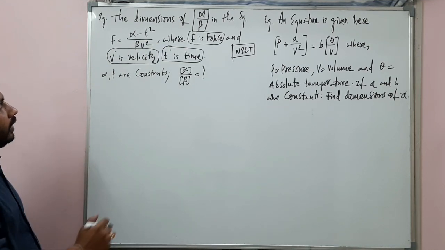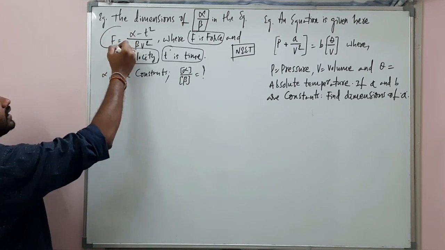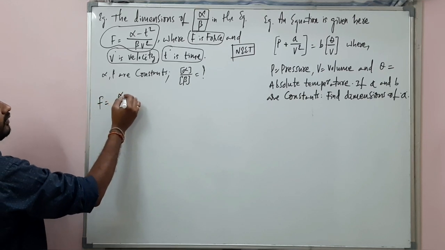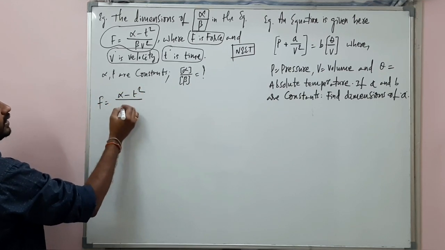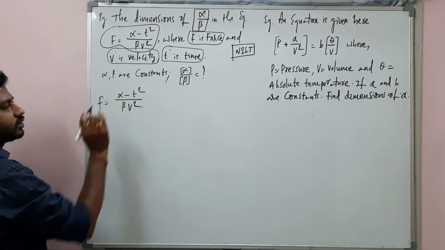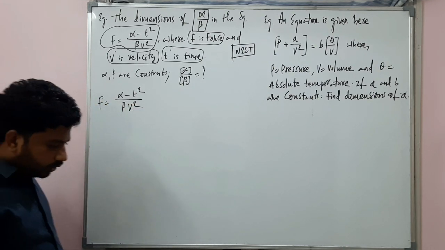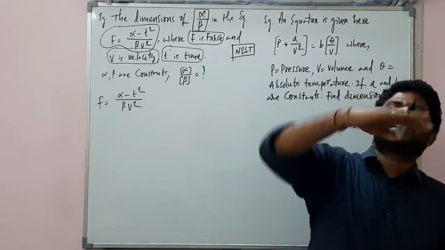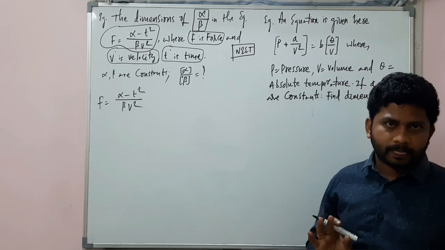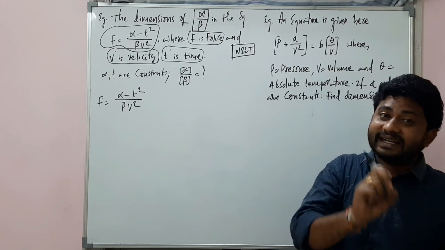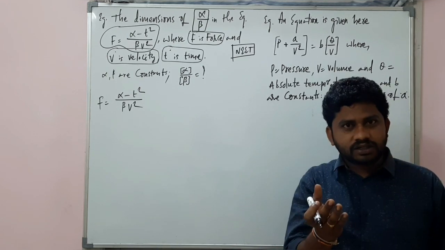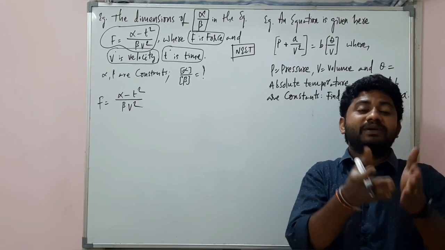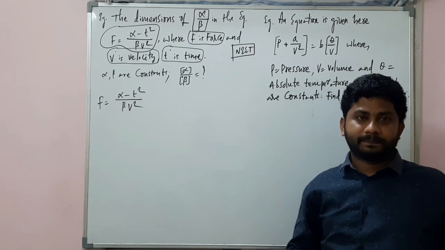Let's see. This is the given equation. Look at the given equation carefully. F is equal to alpha minus t square divided by beta v square. I've told you, according to the principle of homogeneity, in any equation, if there is an addition or subtraction going on between any two physical quantities, the dimensions of them must be the same.